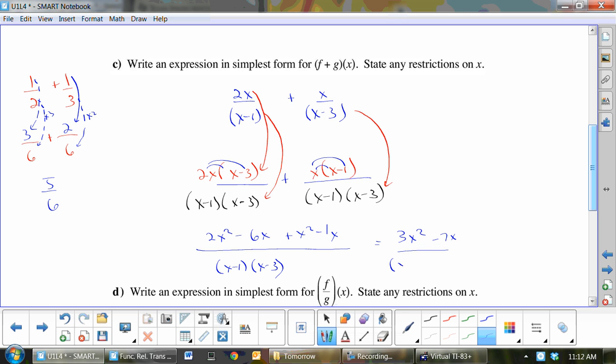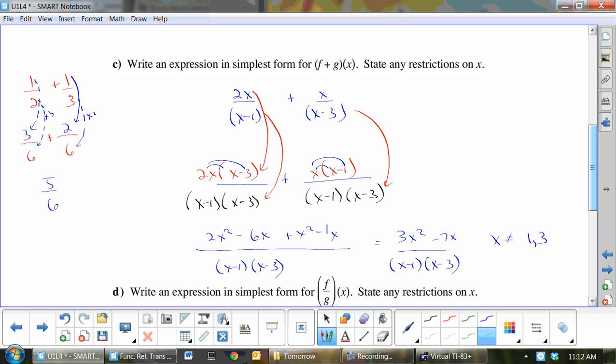All over x minus 1, x minus 3. To finish this off, I have to say what I can't do. X cannot equal 1 and 3. Good.